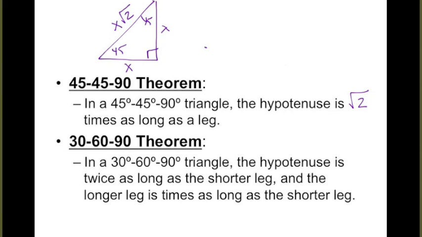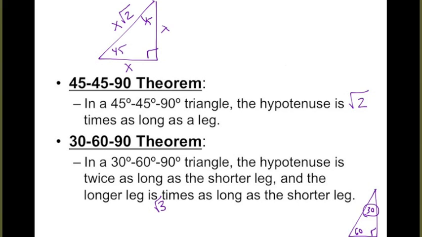Our 30, 60, 90 triangle has angles of 30, 60, and 90. It says the hypotenuse is twice as long as the shorter leg, and the longer leg is, and again my symbol is missing, square root of 3 times as long as the shorter leg. So we'll have a triangle that has angles of 30, 60, and 90. We're going to base everything off of the shorter leg. The shorter leg should be across from the smallest angle.